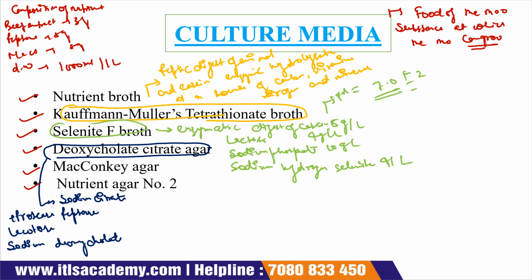Okay, so the amount of the sodium citrate will be 20 gram per liter. Proteose peptone will be 10 gram per liter. Lactose will also be 10 gram per liter, and sodium deoxycholate is around 5 gram per liter.